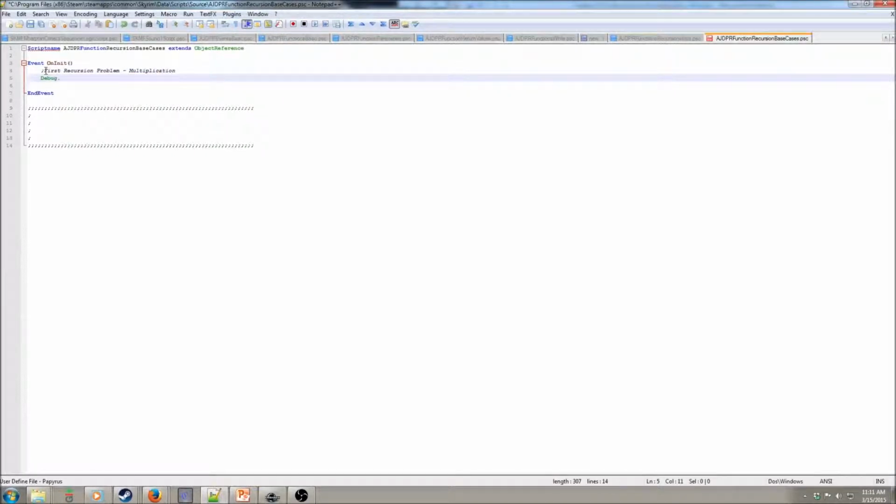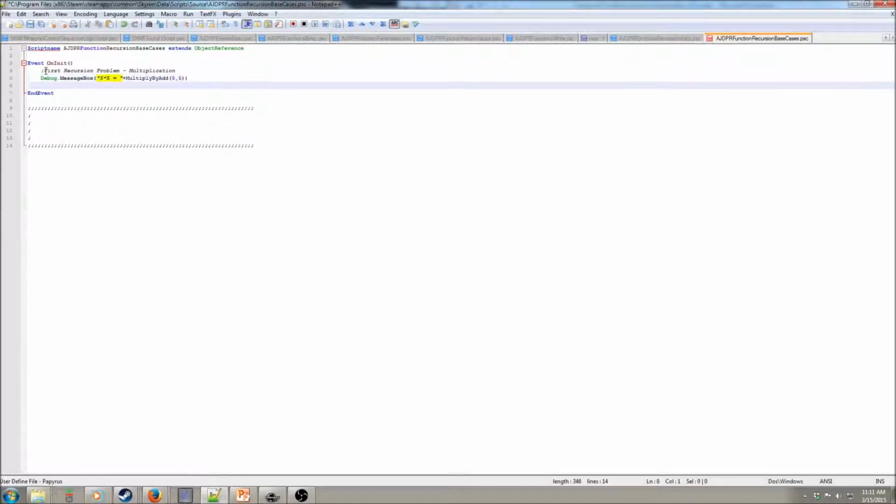So debug.messageBox, we're going to just set them up here. So let's do our 5 times 5 equals, and that's going to be the call for that one.